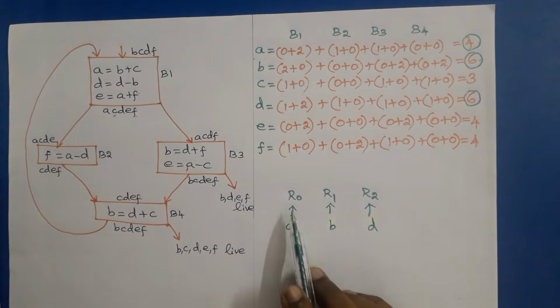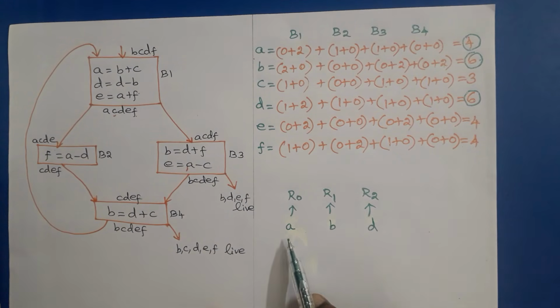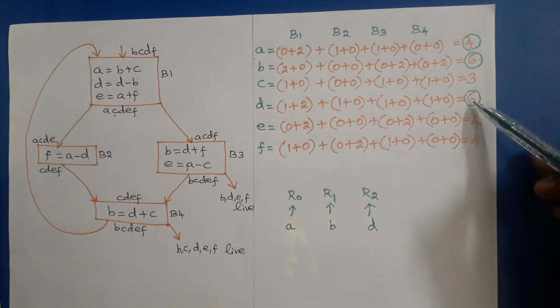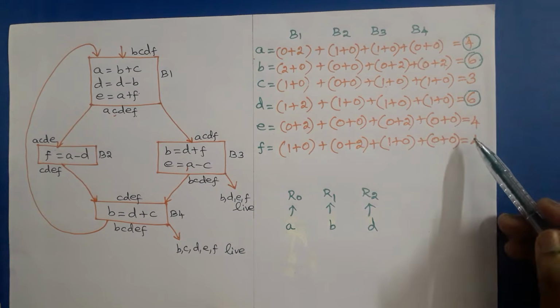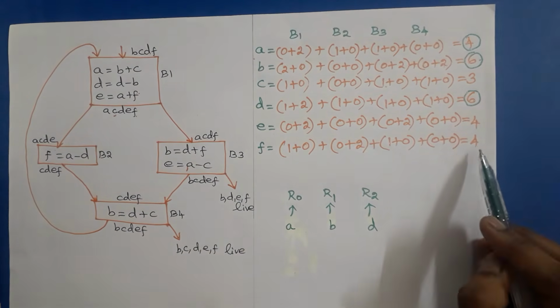So the fixed registers R0, R1 and R2 are used for loading A, B and D, because if we select the variables A, B and D, we can save more units of cost. And here we can see that E and F also have the same cost.